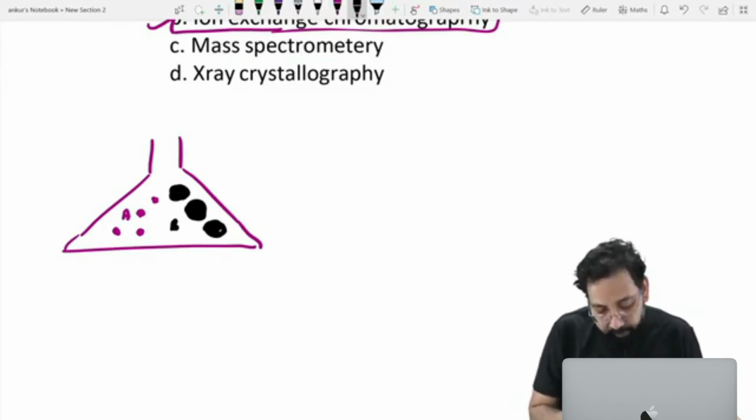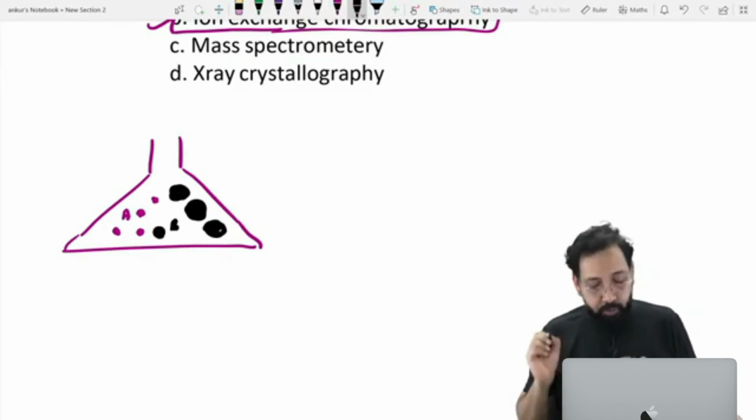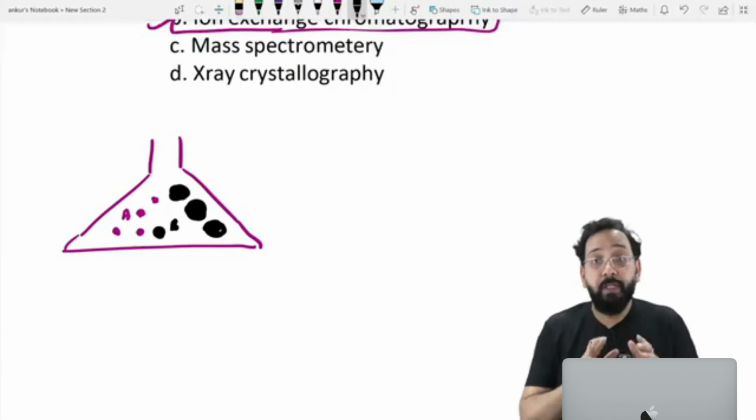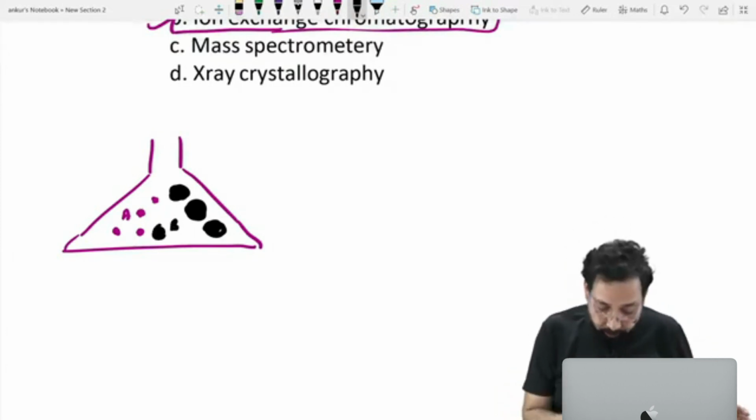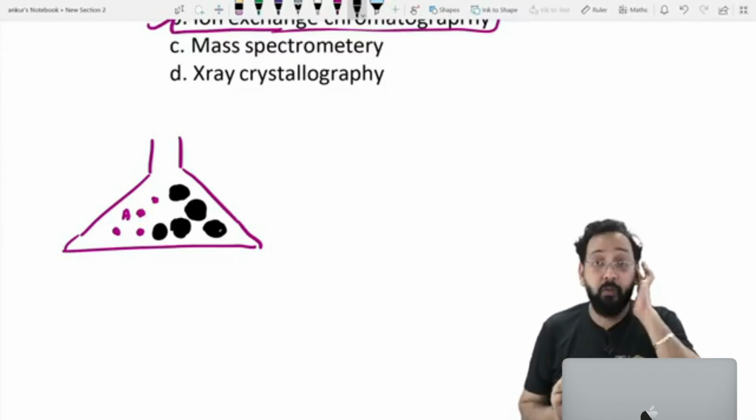I ask you to separate these two proteins. I gave you the mixture of these two proteins, A is small, B is large, and I want to separate them.